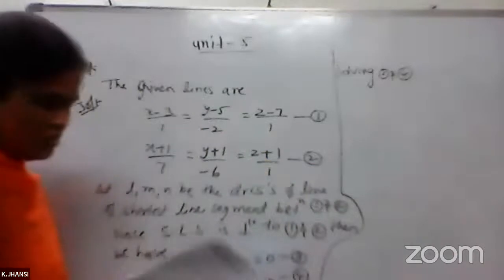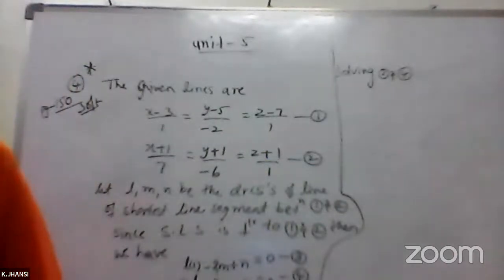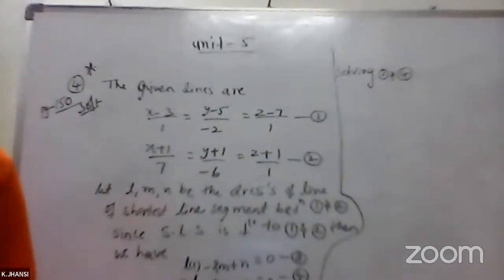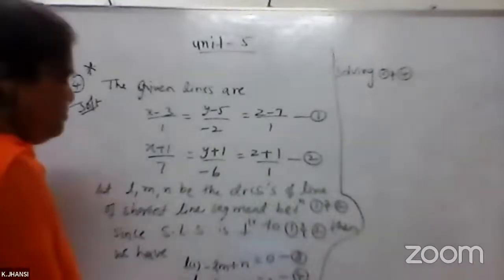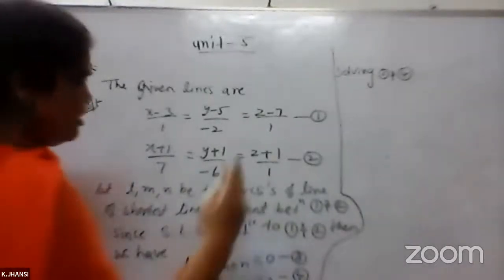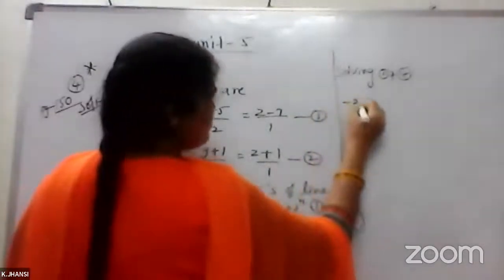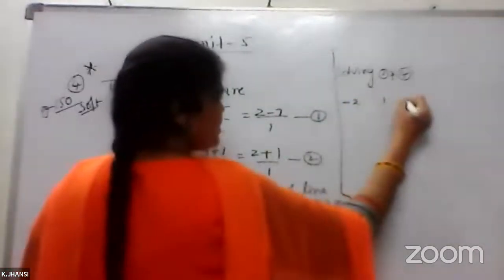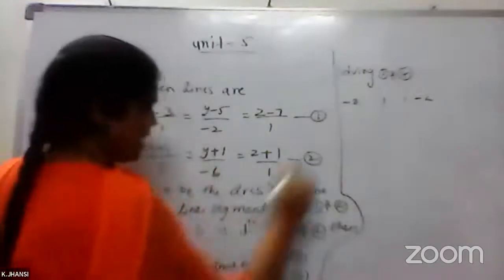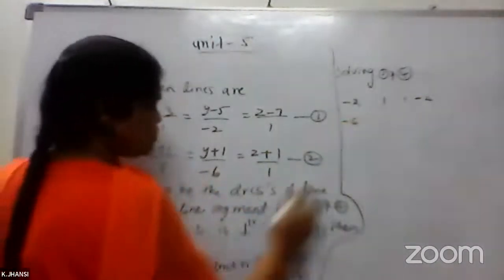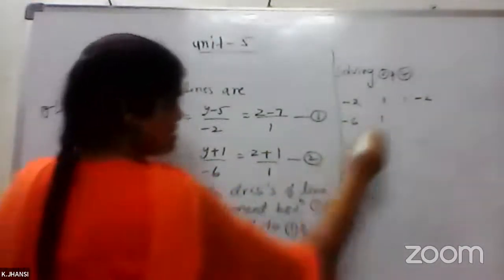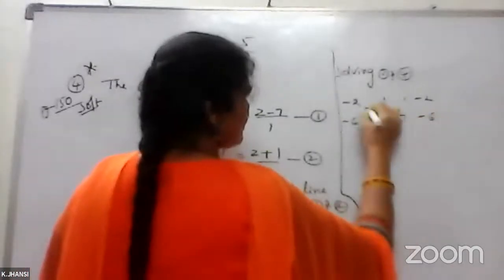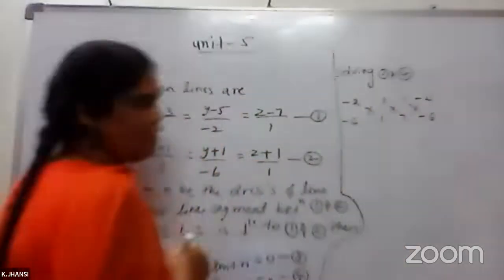Solving 3 and 4 by cross multiplication method. Okay, so you can use the cross multiplication method. That is minus 2, 1, 1, minus 2, minus 6, 1, 7.